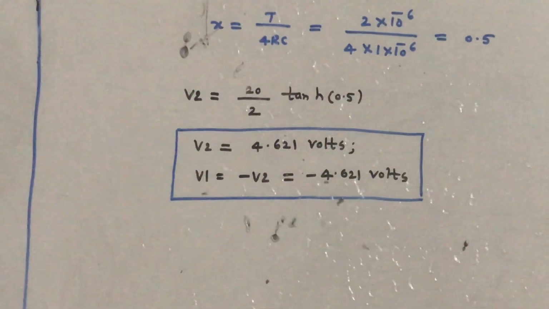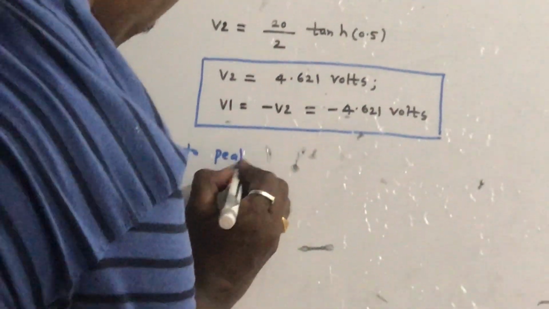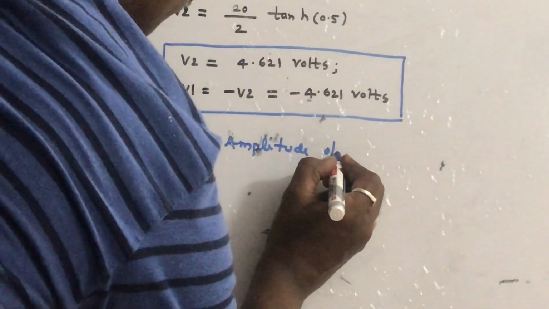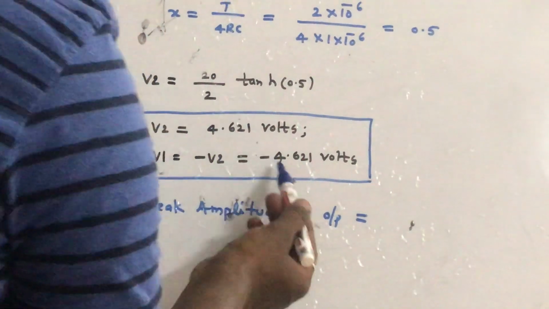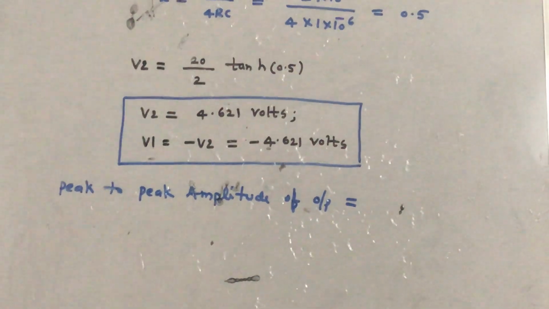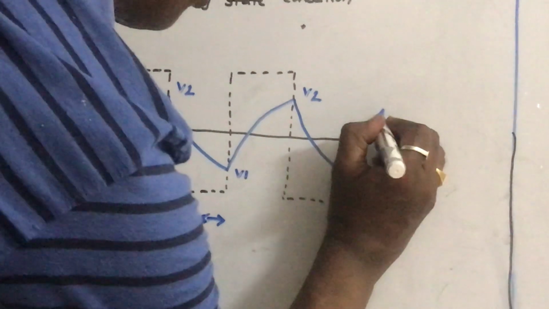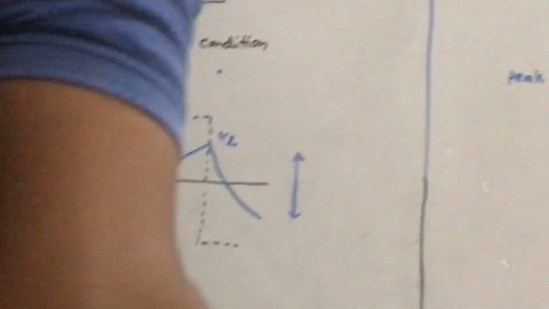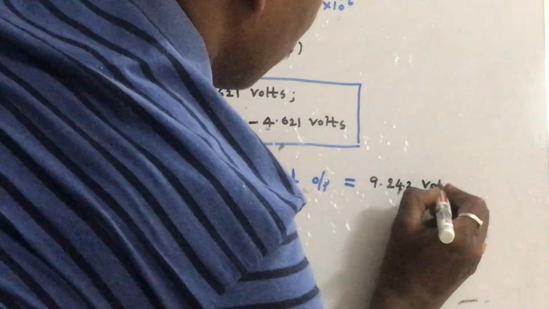Finally, what is the peak to peak amplitude of the output? It is also asked. The peak to peak amplitude of the output is equal to 4.621 minus of minus 4.621, which is 9.242 volts.